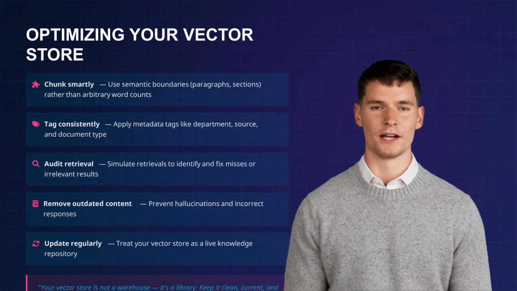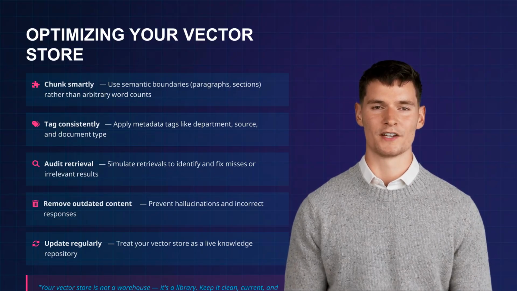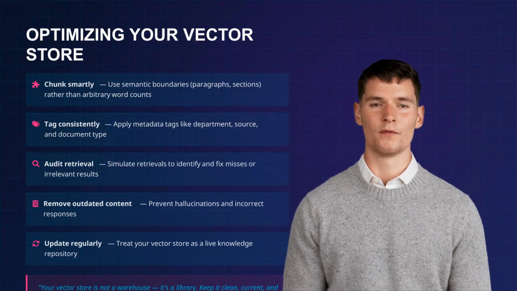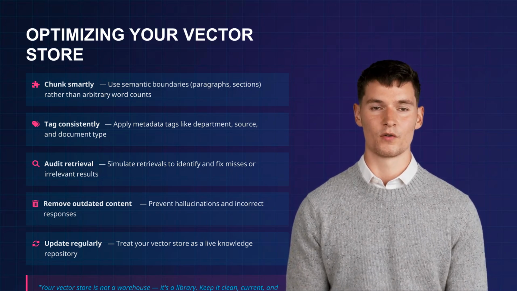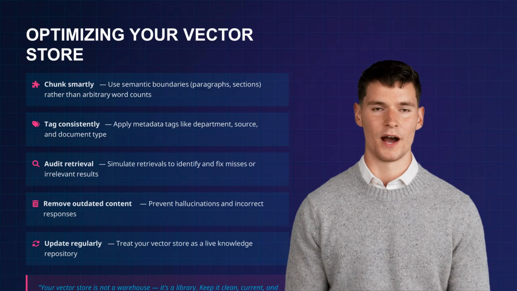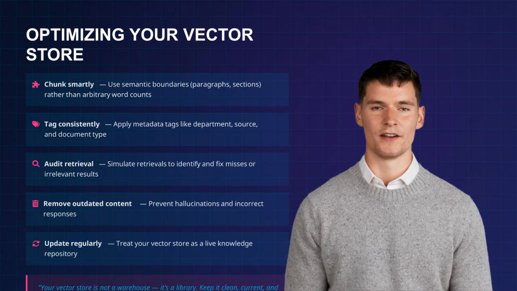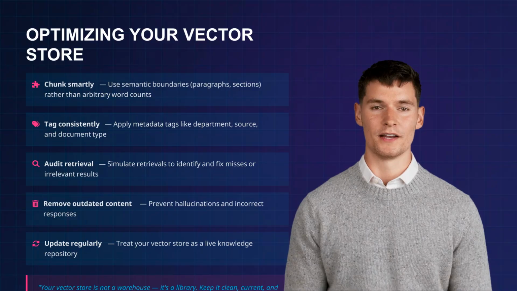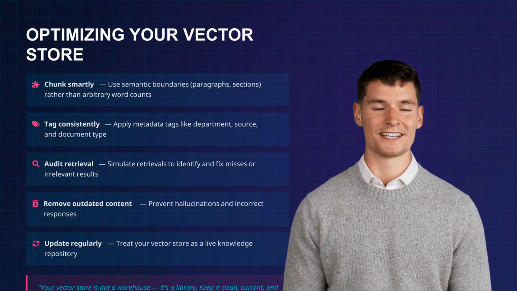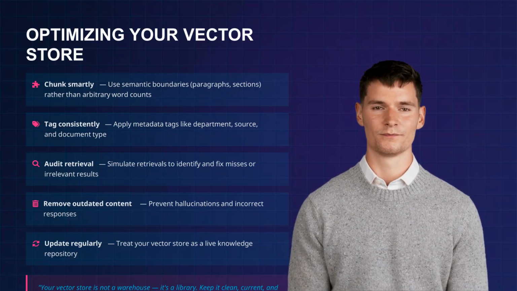Audit retrieval regularly by testing with real queries to catch missing or irrelevant results before users encounter them. Remove outdated content to prevent your AI from surfacing irrelevant or incorrect information. Update regularly so your vector store reflects your most current knowledge. Think of it as a living library, not a static warehouse.